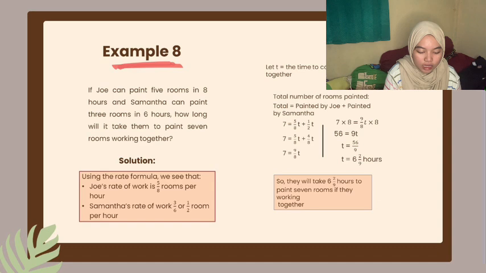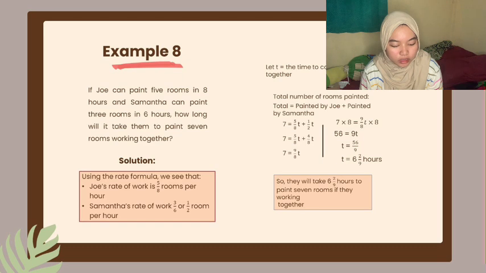Let T equal the time to complete the job together. Total number of rooms painted equals rooms painted by Joe plus rooms painted by Samantha. 7 equals 5 over 8 T plus 1 over 2 T. 7 equals 5 over 8 T plus 4 over 8 T. 7 equals 9 over 8 T. 7 times 8 equals 9 over 8 T times 8. 56 equals 9T.